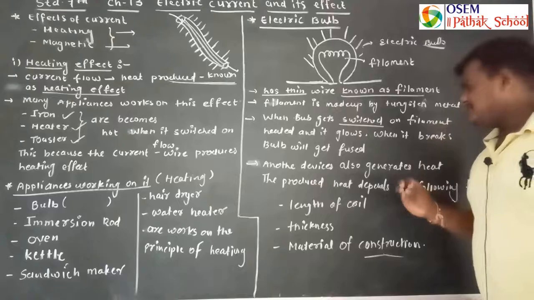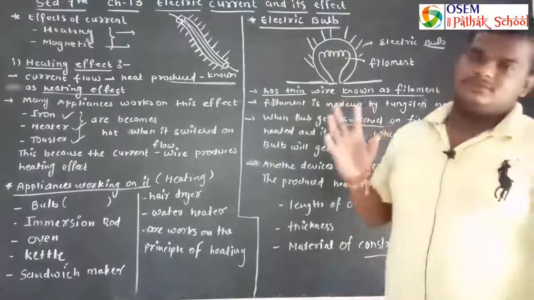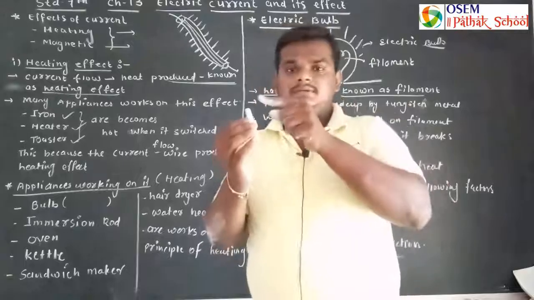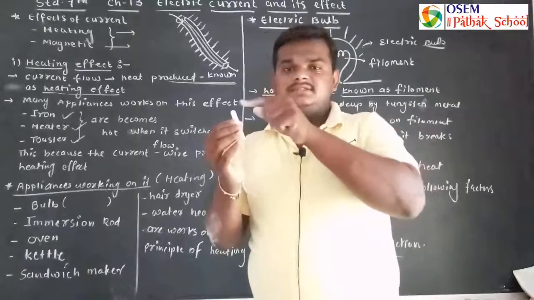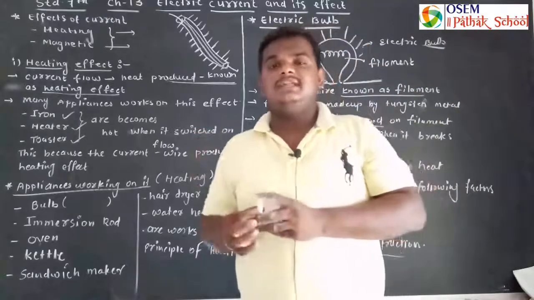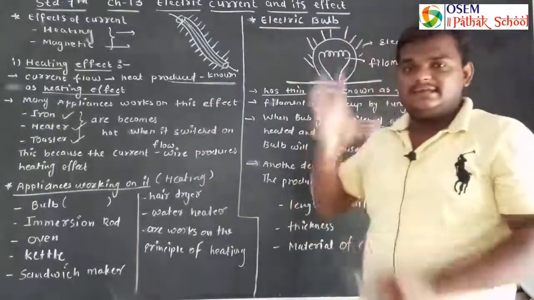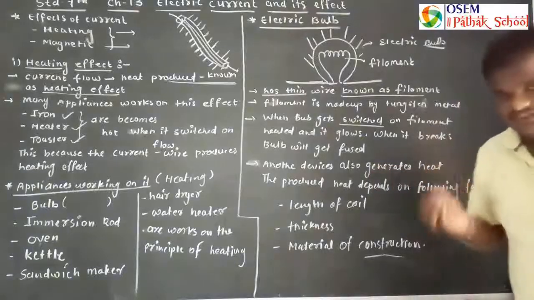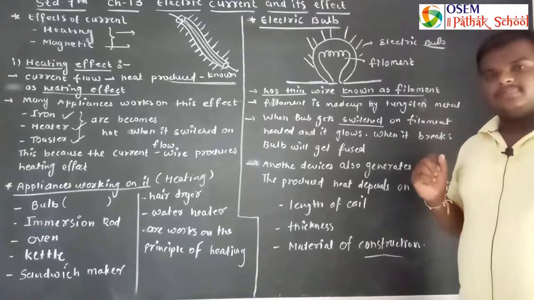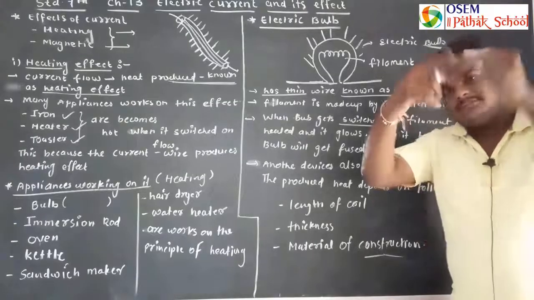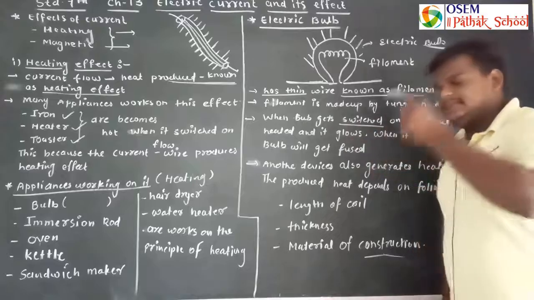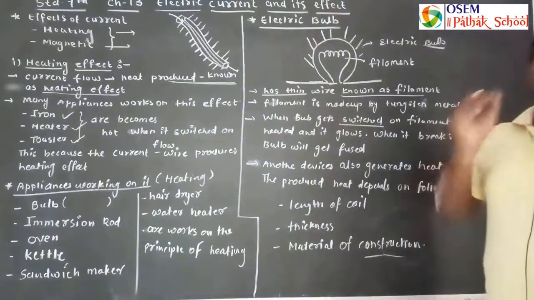When it breaks, the bulb gets fused. When current passes through the filament of the bulb, the tungsten gets heated to its maximum temperature and then it generates light and heat. Then the bulb glows. But when the filament breaks, electricity is not able to pass through the bulb. That's why the bulb gets fused.